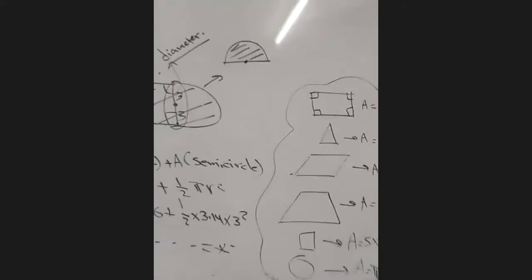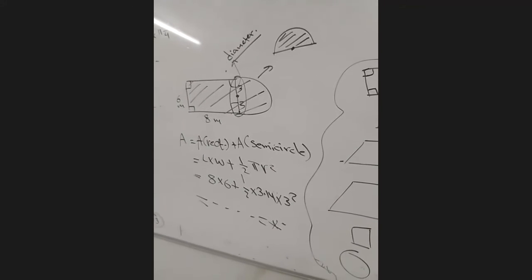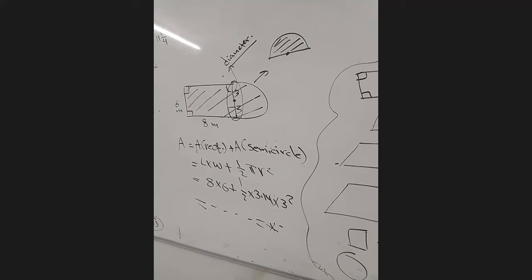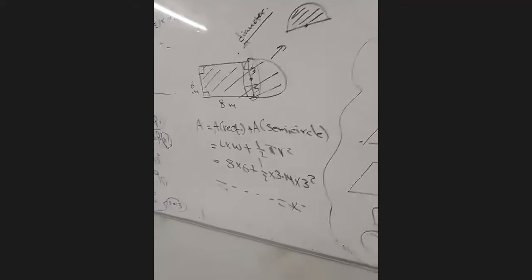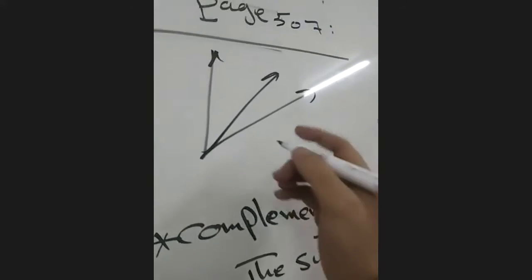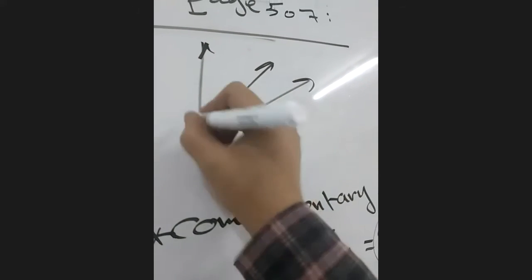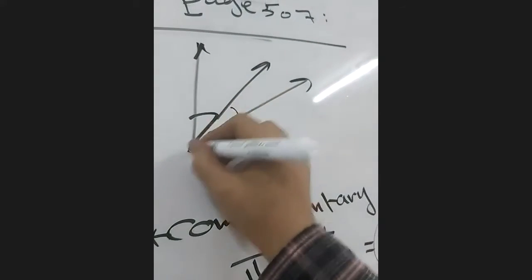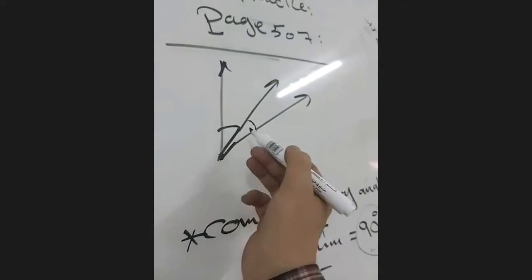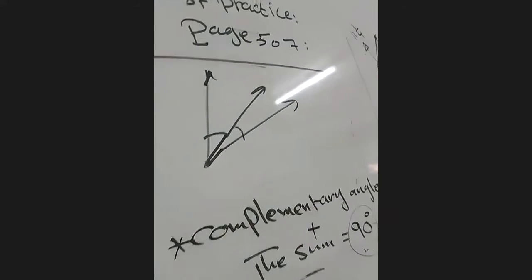Mister, can you give us an example of adjacent angles? These are adjacent angles. Look here. We have 2 angles here. How many angles do we have here? 2 angles.